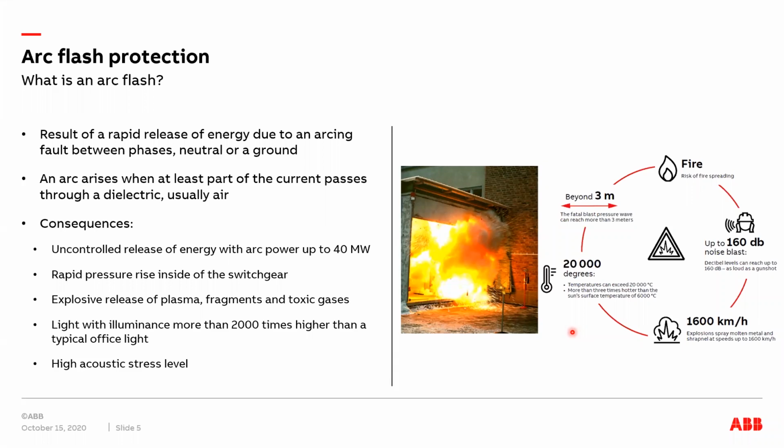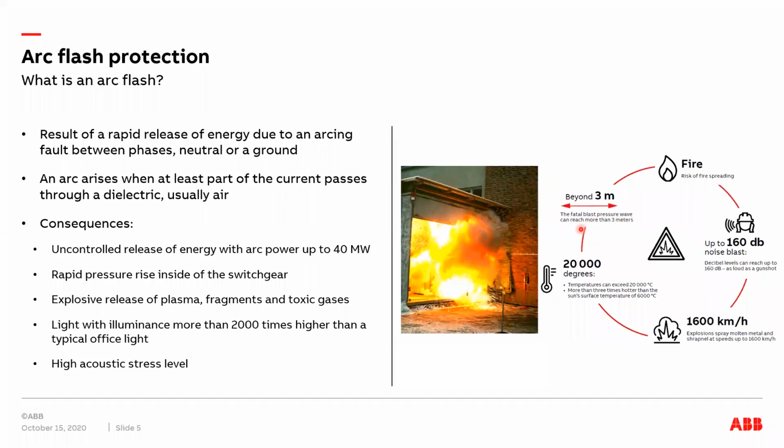Consequences of an arc flash are quite severe. As it's an explosion, you have an uncontrolled release of energy. It can be up to 40 megawatt. The rapid pressure rise inside the switchgear results in a fatal blast pressure wave that can reach several meters away from the switchgear.